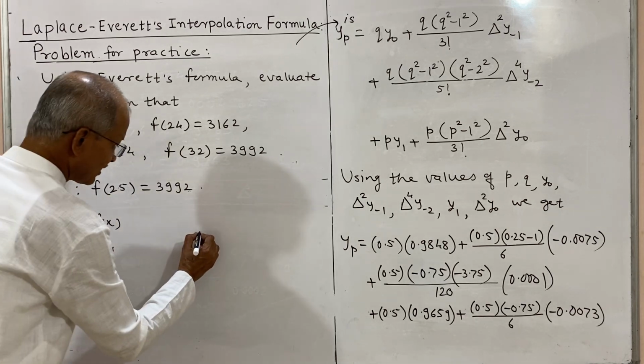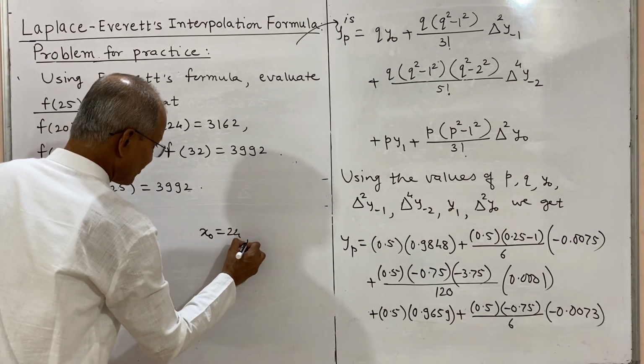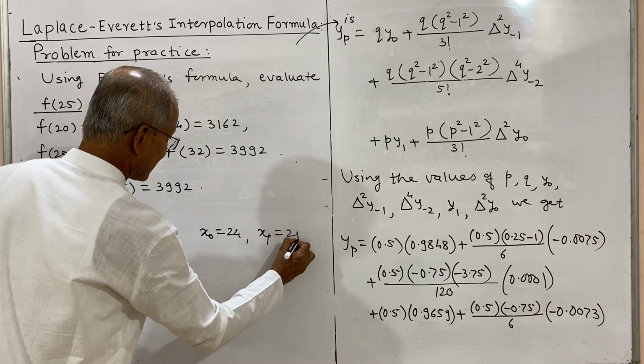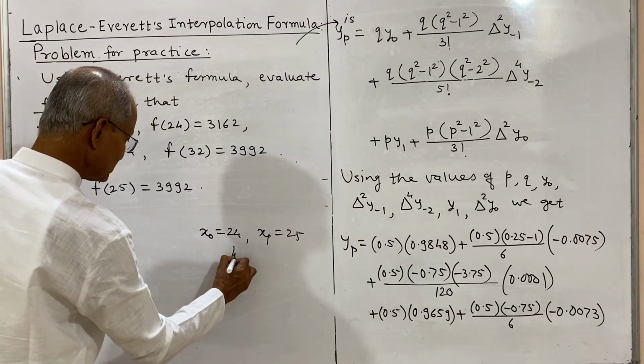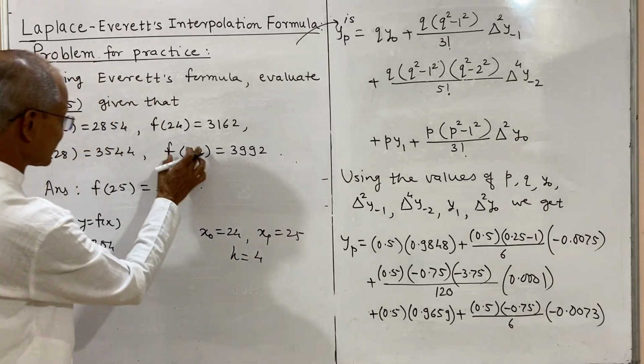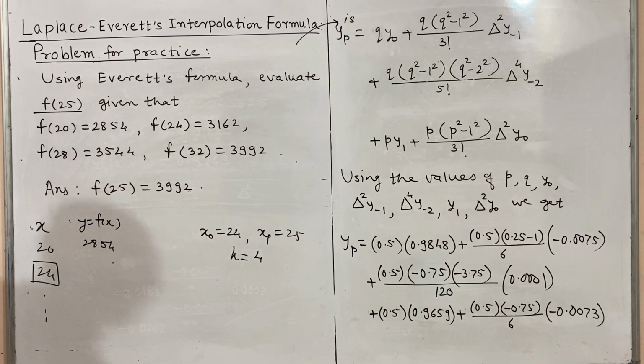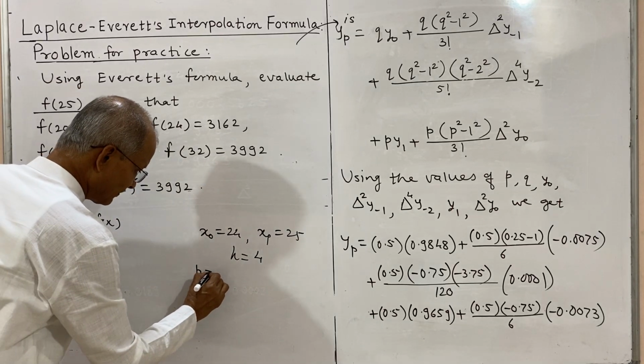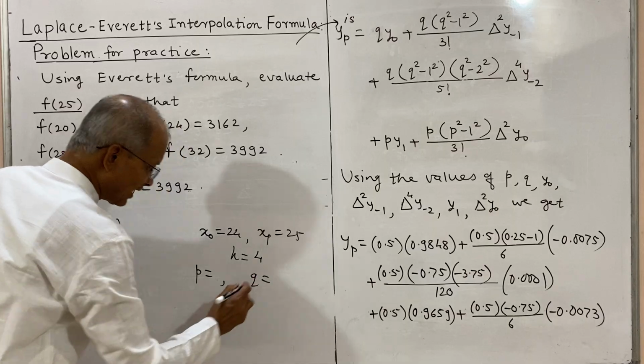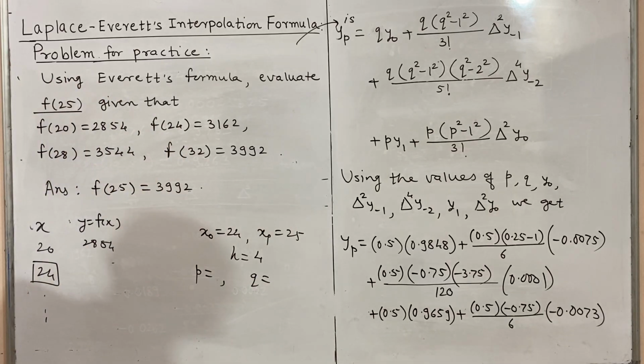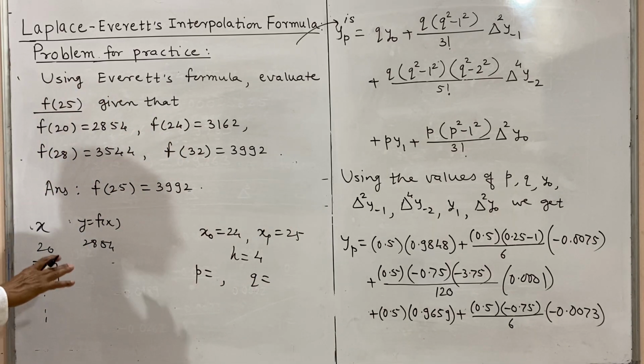X naught is equal to 24. What is xp is 25, and h is here 4, the common difference between the values of x. Find p, find q, and then construct the difference table.